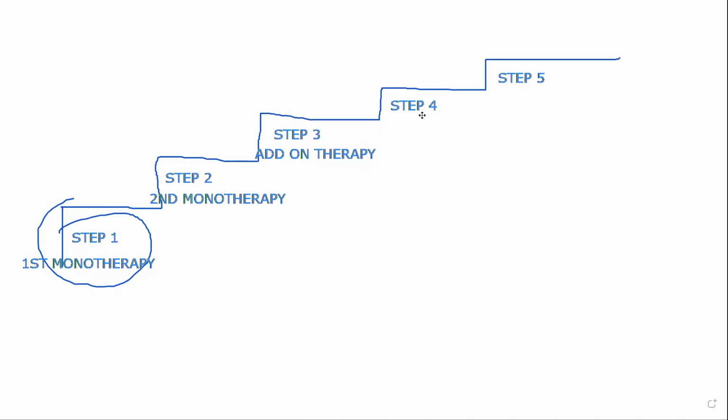Step 4 is, despite being on 2 anti-epileptic drugs at the maximum tolerated doses of both, if the patient is still fitting, you can add a third drug. That is known as second add-on. Step 5 is now the patient is on 3 anti-epileptic drugs and is still having seizures.